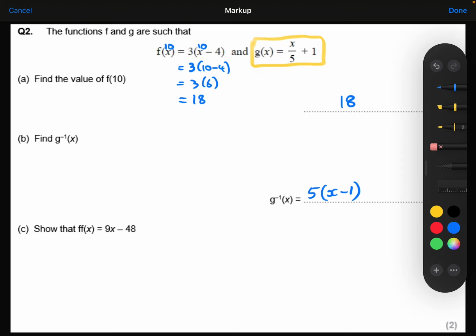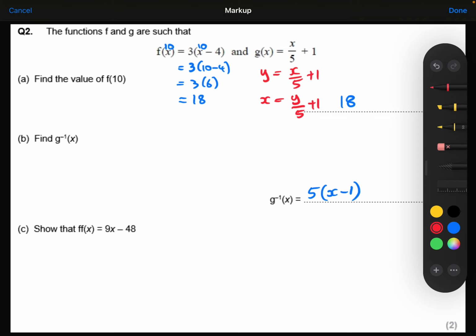The slightly longer method of doing this, but a method that will always work, is I could say that y equals x over 5 plus 1. And the inverse function, what that does is it swaps the x and the y around. And now I'm just going to make y the subject.